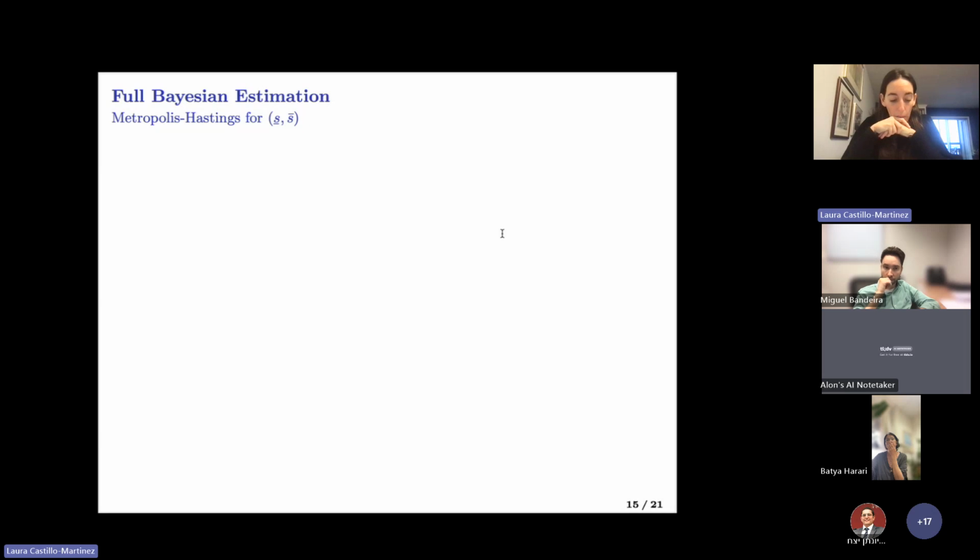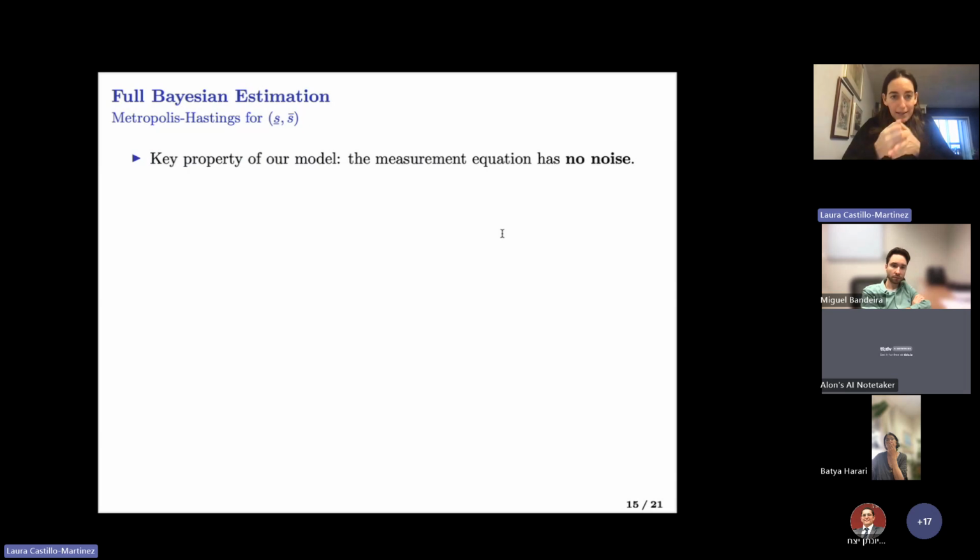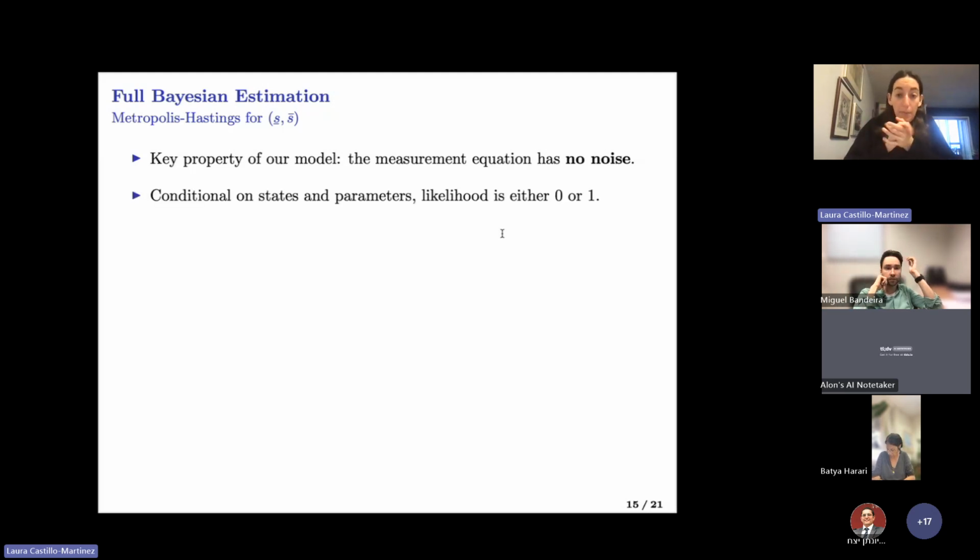What we want to do is exploit the fact that in our model, and this is probably the third or fourth time that I repeat this, the measurement equation has no noise. It's deterministic. That means that once you condition on the states and on the parameters, the likelihood is either 0 or it's 1. So a proposed value is consistent with the data or it's not.